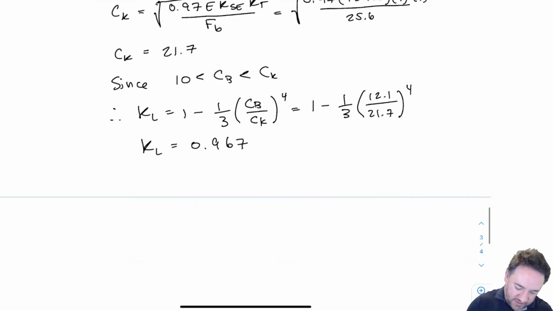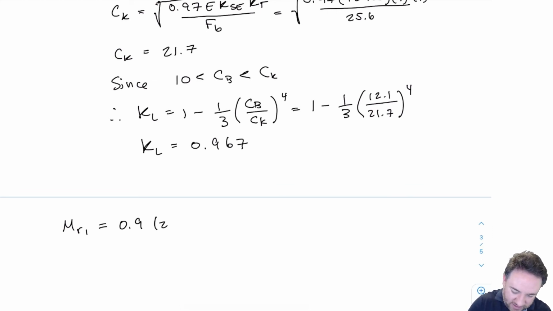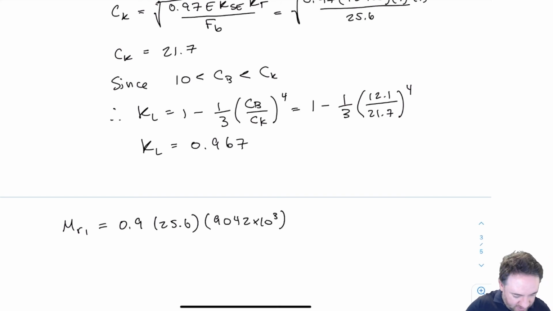All we got to do is plug in our MR calculations. So this is the first one. That's phi. FB is 25.6. Then we have S, which happened to be 9042 times 10 to the 3. That's millimeters cubed. As always, be very careful with your units.